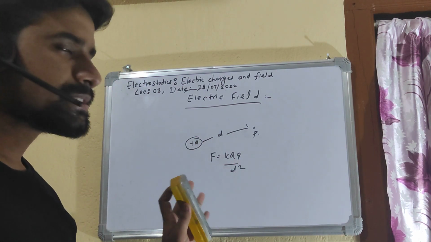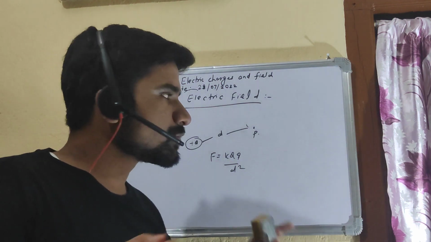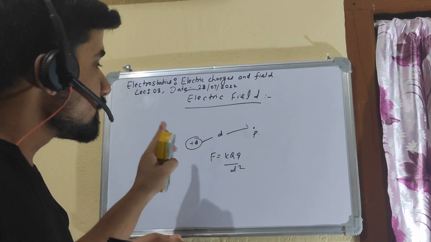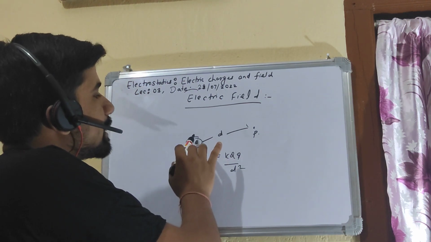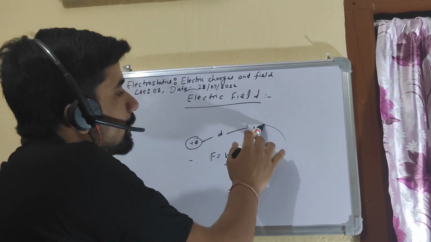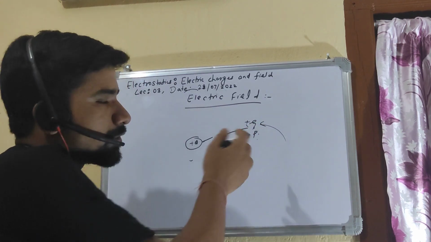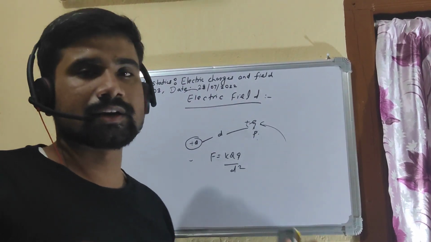Does that mean there is nothing over here now? From where the force is coming, there should be something right there. This is what a field is all about. This plus q charge has its field at the particular point p. Whenever a charge is placed at p, it exerts force on q.